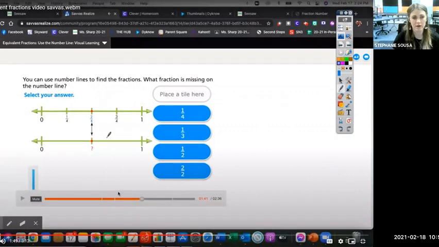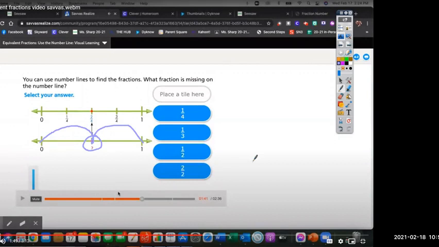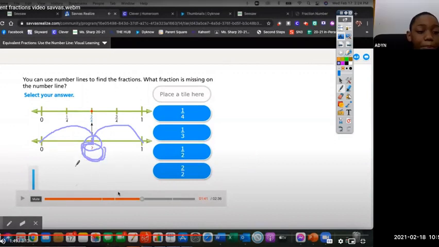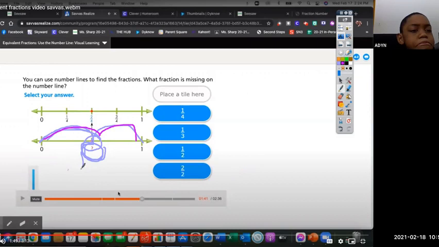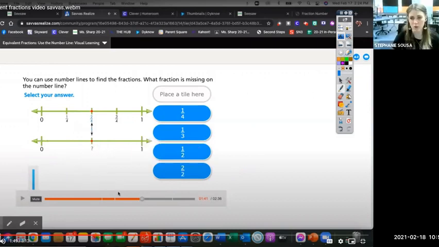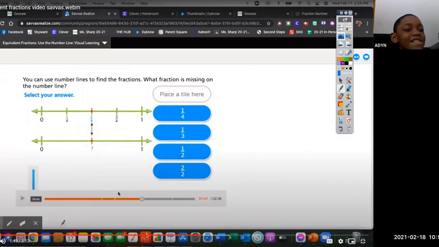What goes here on this question mark? 1/2. We have 1 hop. There are 2 hops on the whole number line. So 1/2 is correct. We are missing 1/2. Excellent.